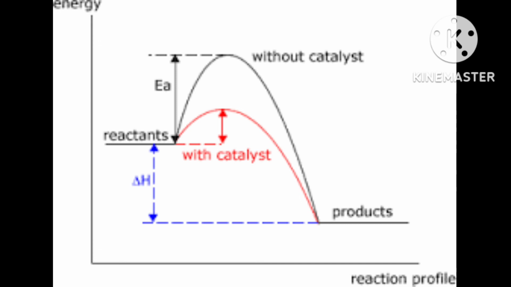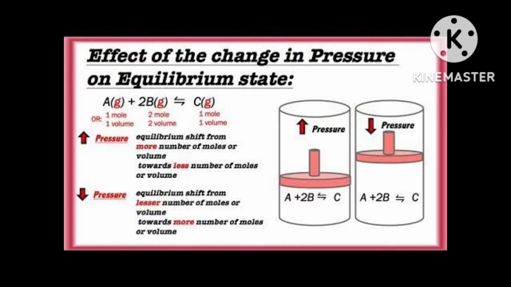Then only the old bonds, the H-H bond and the I-I bond, will break, and the new HI bond will form only at the top. That's why it is called the transition state, at 3,500.